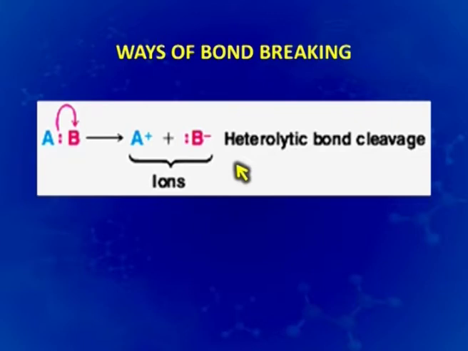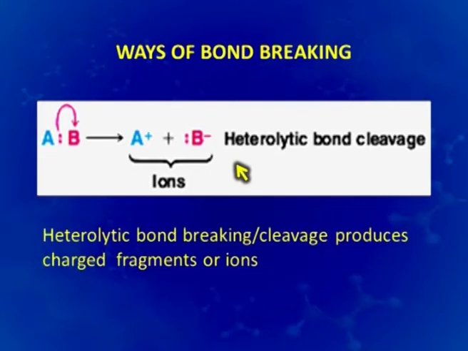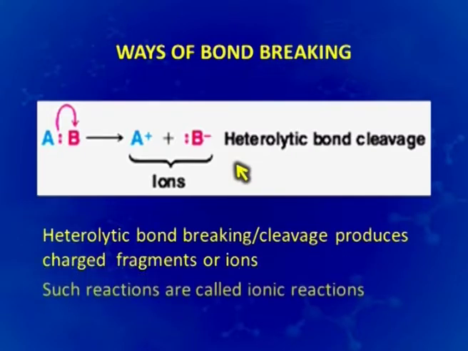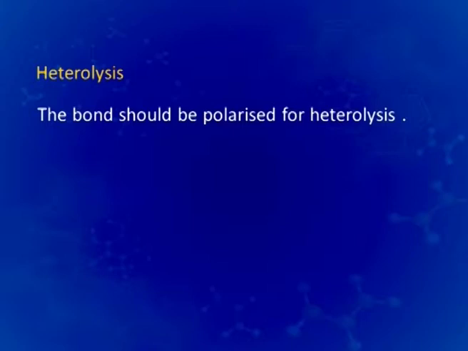So, we can say that heterolytic bond breaking or heterolytic bond cleavage produces charged fragments or ions, and such reactions are called ionic reactions because they produce ions. For heterolysis to take place, the bond should be polarized. What does that mean?